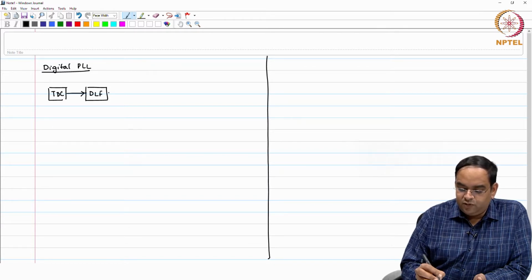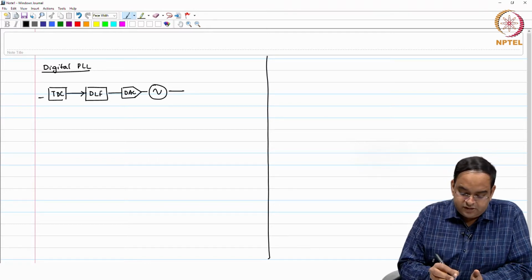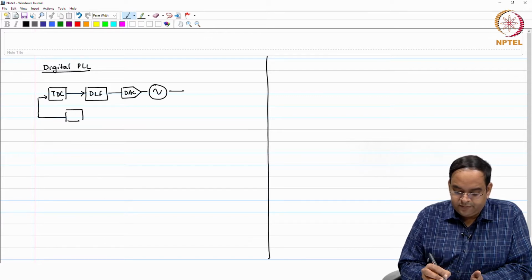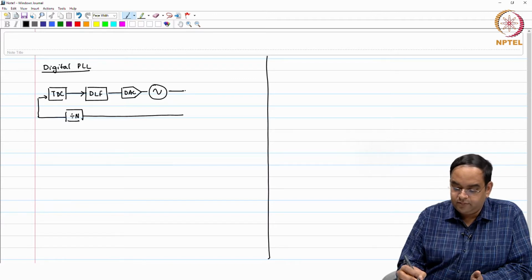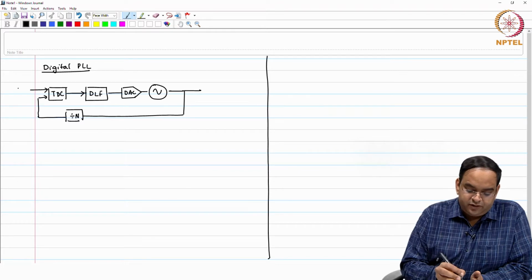Output of the digital loop filter goes to a DAC. DAC controls the VCO. Output of the VCO is fed back with the divider here. And this is your reference clock.